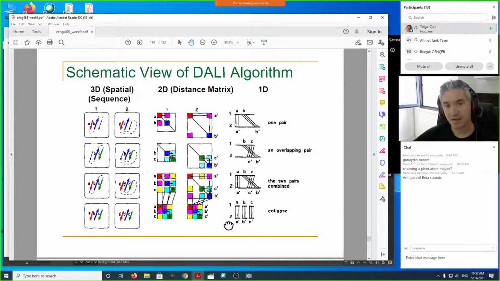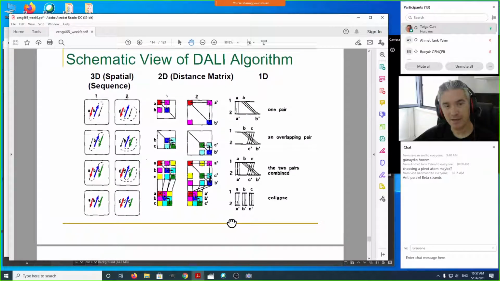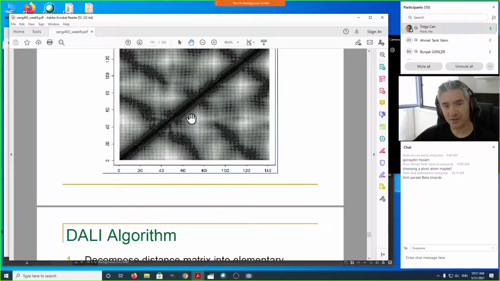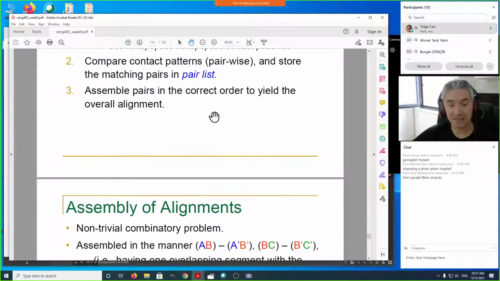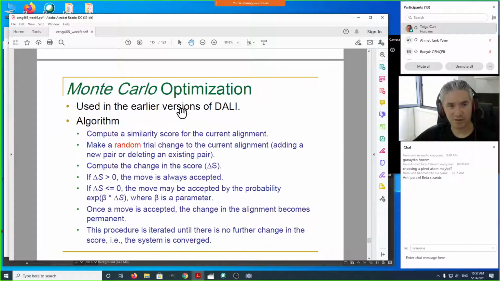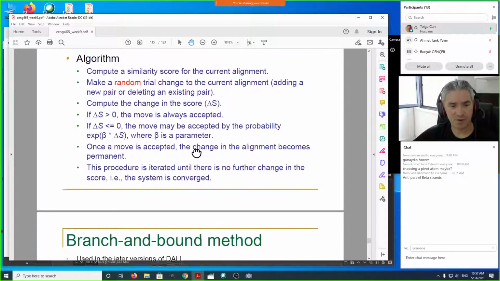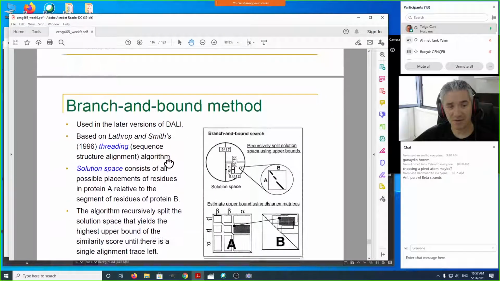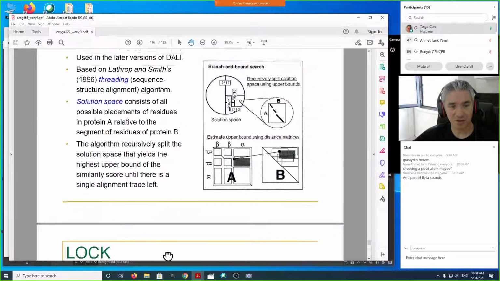Just know that as invariant features, it uses the intramolecular distances, and those distance matrices are tried to be aligned in the DALI algorithm. You're not responsible for this Monte Carlo optimization part or the branch and bound method. These are the technical details that I mentioned.